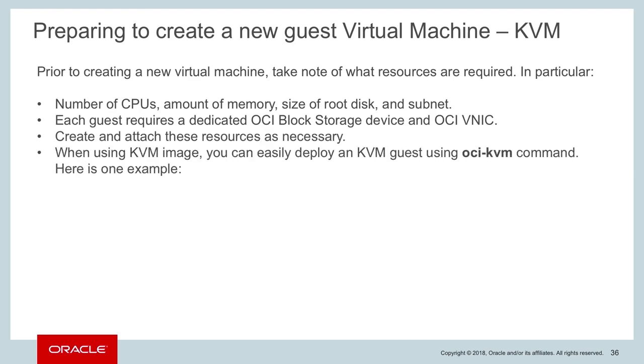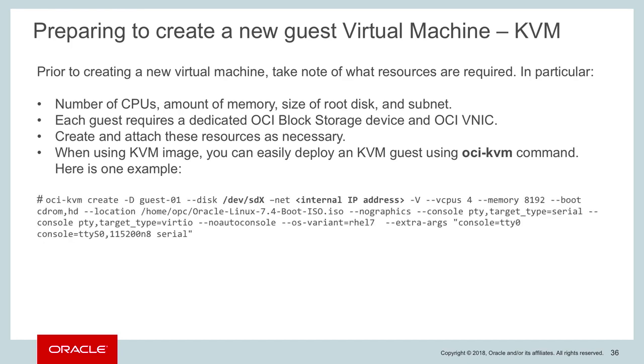You're in control of creating a block volume, the size of that block volume, and associating it to a specific guest, along with all the network and the CPU and memory. So always pay attention to the amount of CPU and memory you have on your host, so you can spread that over the guests you create on top of it.